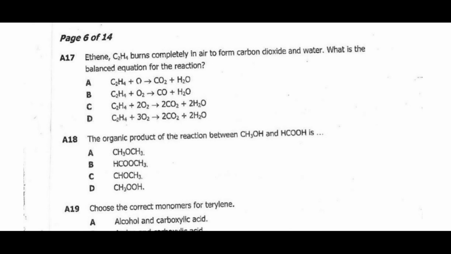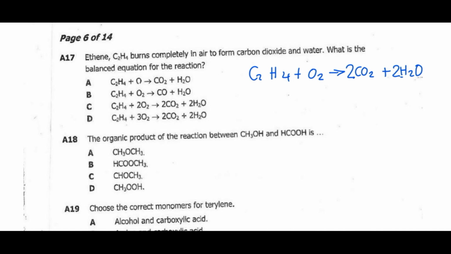So for this one, let's say C2H4 plus O2. You know that the combustion will give us carbon dioxide plus water. So let's put 2 here, we also put 2 here. So you know that here we are going to have 4 atoms of hydrogen, 2 atoms of carbon.